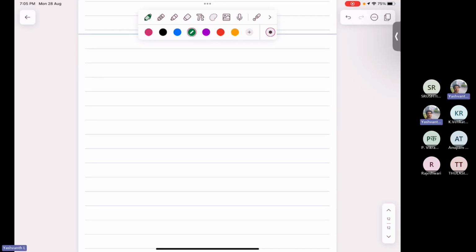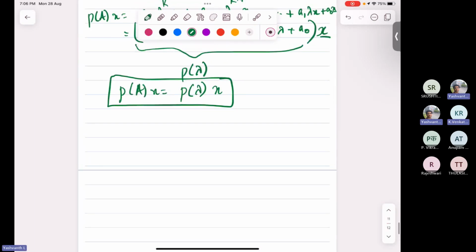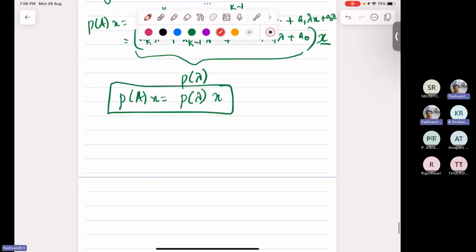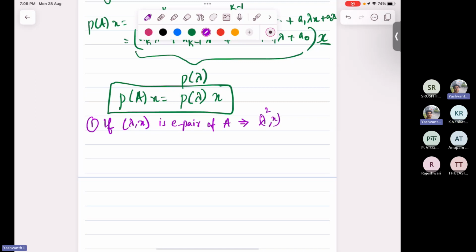So essentially, to summarize, let me write down some examples. If lambda, x is an eigenpair of A, it implies lambda square, x is an eigenpair of A square.